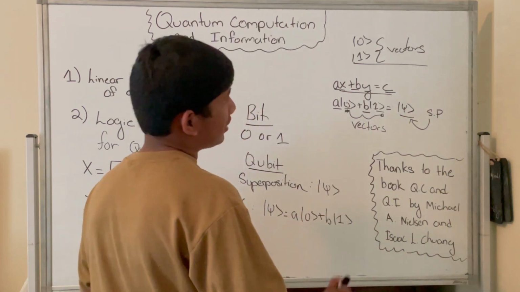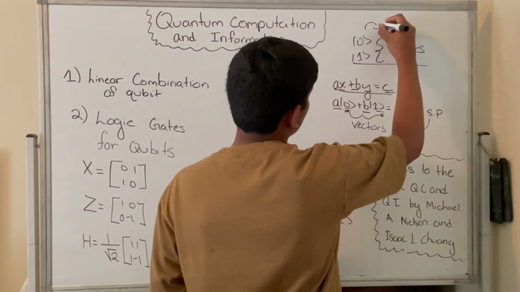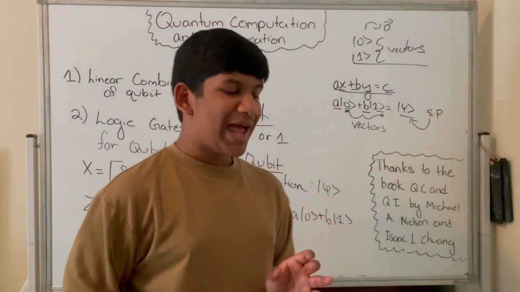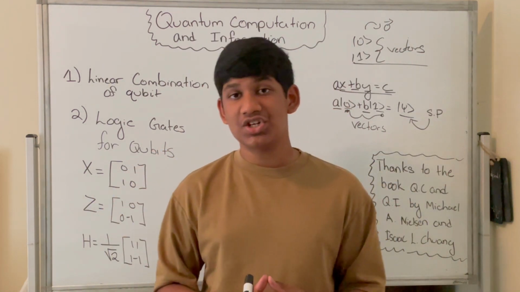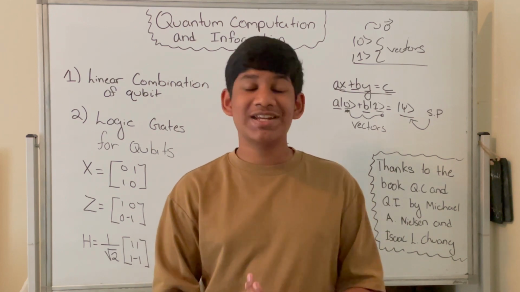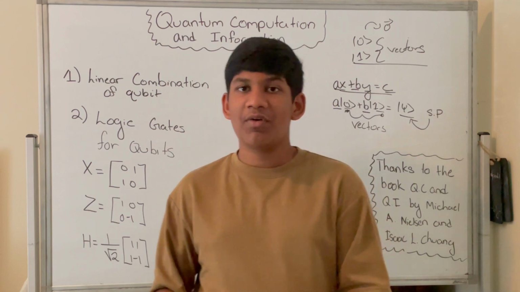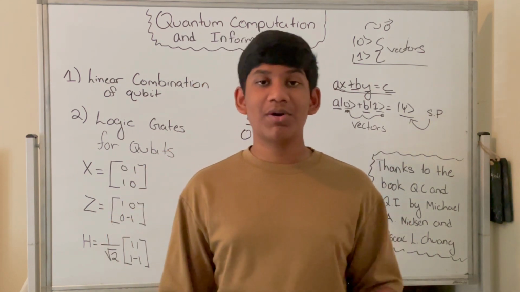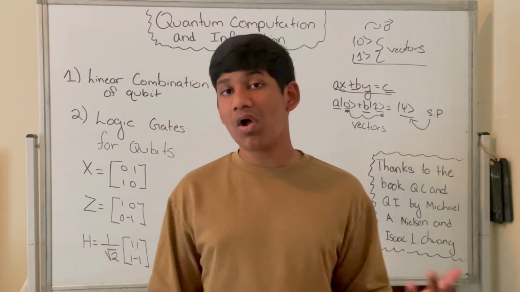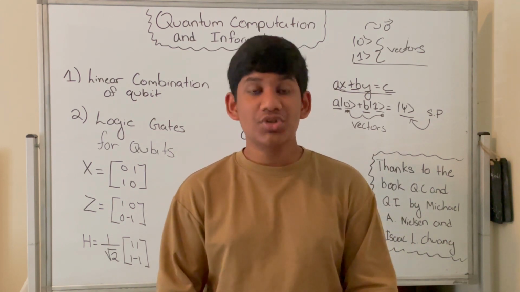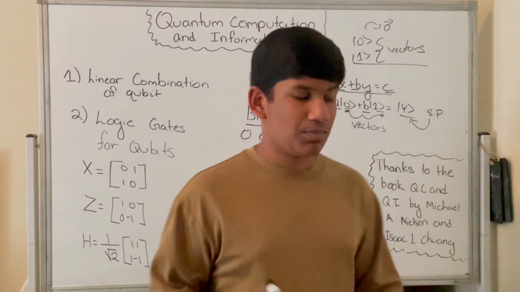In regular linear algebra, you might use 0 with an arrow on top, but this is Dirac notation. Now, I've made a whole video on Dirac notation, so please visit that if you want to understand the key concepts behind Dirac notation itself. But in this video, we're just going to be presuming that the person watching this already has a great understanding of Dirac notation. But for those of you who don't, we're going to be explaining it right now.